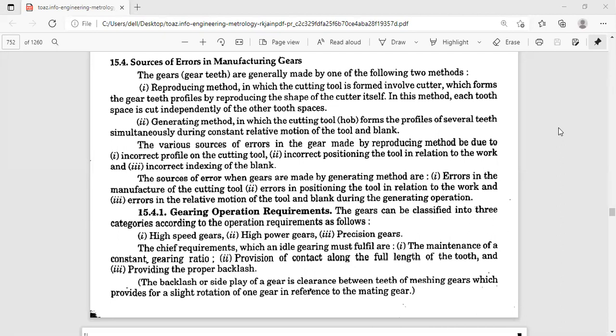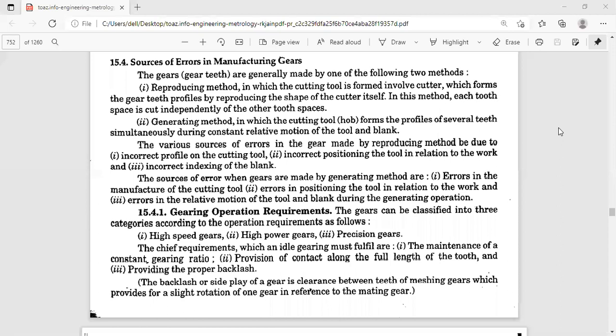But if the involute cutter itself is not manufactured or made in the tool room as per the specifications, just like the specifications of the single point cutting tool, the errors will be generated in the gears. That is very important.